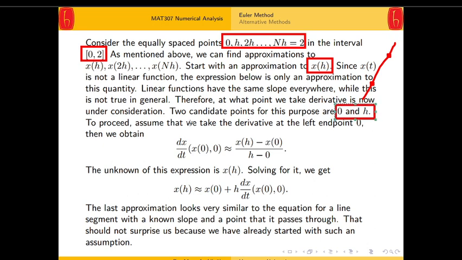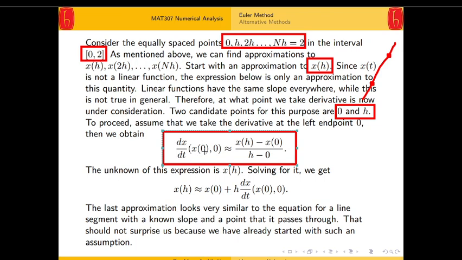To proceed, assume that we take the derivative at the left end point, which is equal to 0. Then we obtain this formulation for x(h). So this will be equal to the slope, and we evaluate the slope at the left end point, which is t equal to 0, and its corresponding x value.